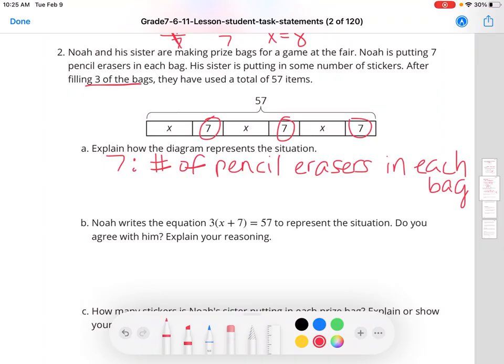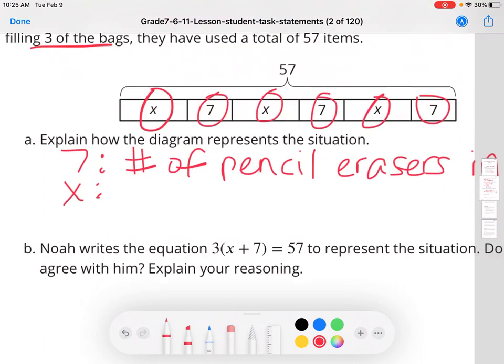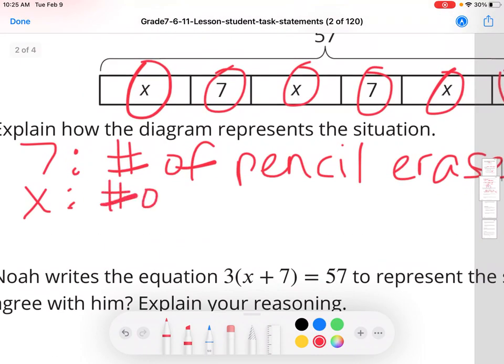It doesn't say in each bag, but since Noah did and then his sister put some number of stickers in too, that lets me know that it's in each bag. Plus my diagram has an unknown amount 3 times. So my X represents the number of stickers in each bag.